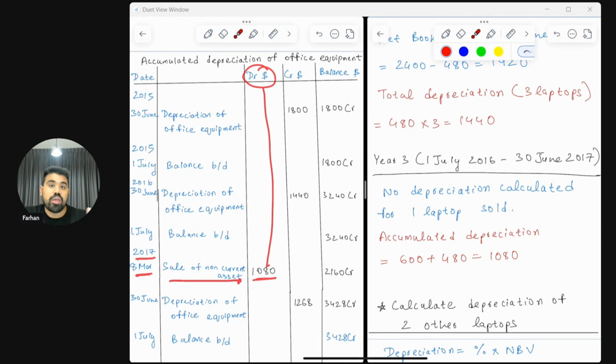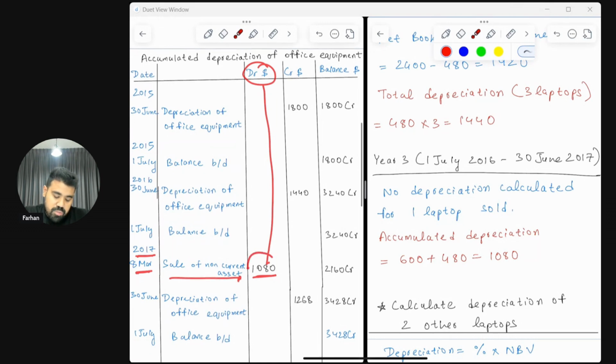We know that accumulated depreciation is a contra asset account, which means by default, the opening balance is always on the credit side, which means if this account increases, we record it in the credit side. But now that we're getting rid of one asset because we have sold it, we have to reduce the accumulated depreciation account, right? And if we have to reduce it, we will do the opposite of what we do when we increase it. So if we reduce it now, we'll have to debit it.